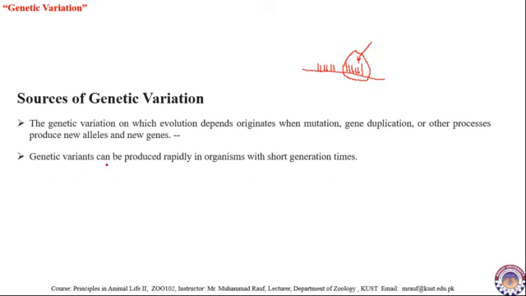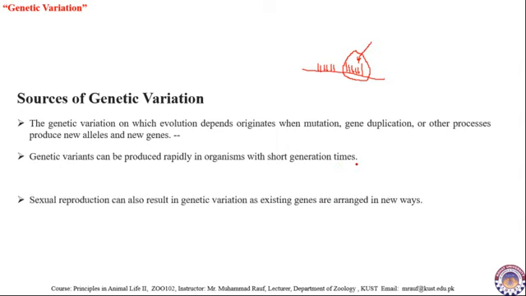Genetic variants can be produced rapidly in organisms with short generation times.